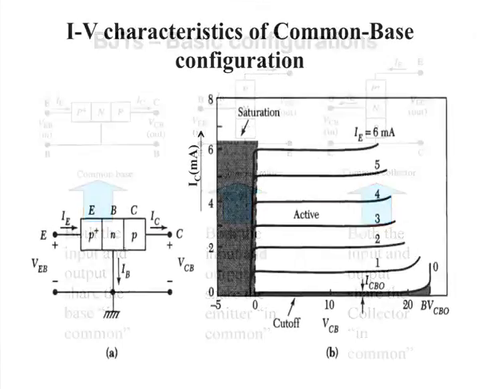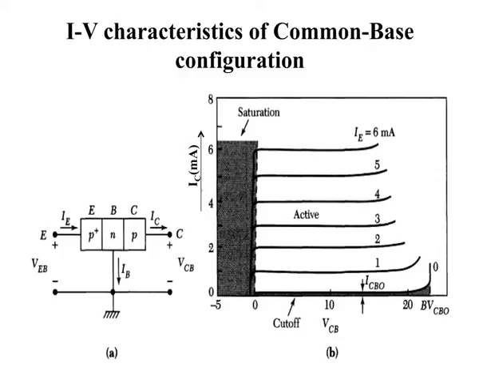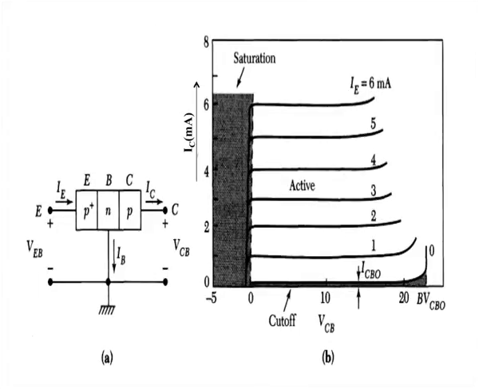Current voltage characteristic of common base configuration. So, here you can see we have applied input bias between emitter and base, and output we are taking between collector and base. So, our output current is IC and input current is IE. Now, if we change the input current, output current will change.